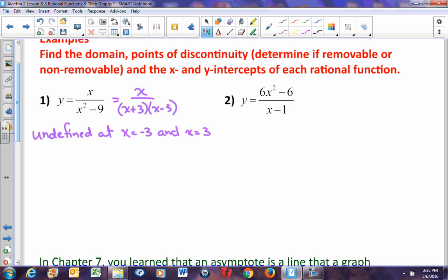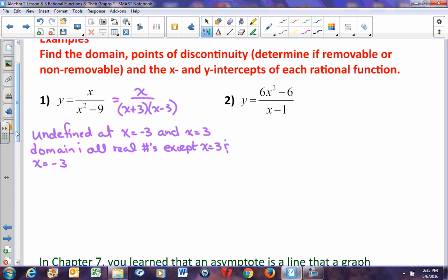Which means my domain is all real numbers except where x equals 3 and negative 3. So my domain then is all real numbers except x equaling 3 and x equaling negative 3. So there's my domain.